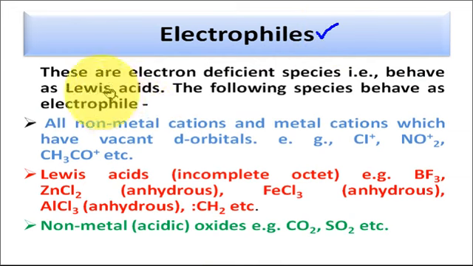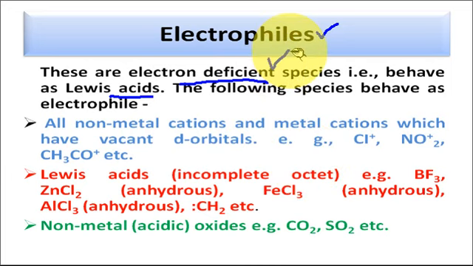Electrophiles. The electrophiles are the electron deficient species, behaving as Lewis acids. These species have the tendency to extract electrons from the substrate molecule, since they are electron deficient.